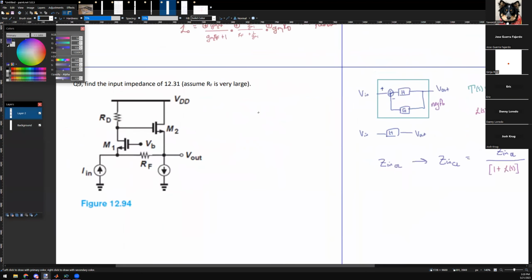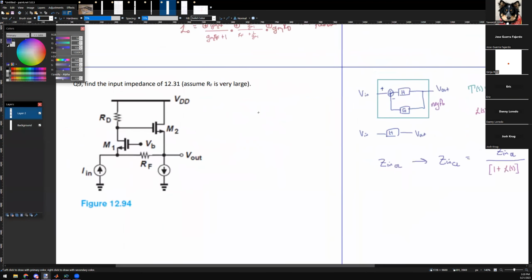You would calculate the gain from here to here, and then from here to here, and find the gain, and then you're going to apply this to the gain. You could technically approximate it as doing this.